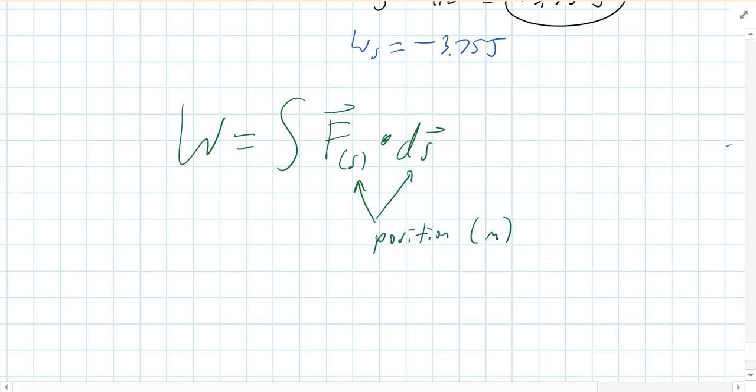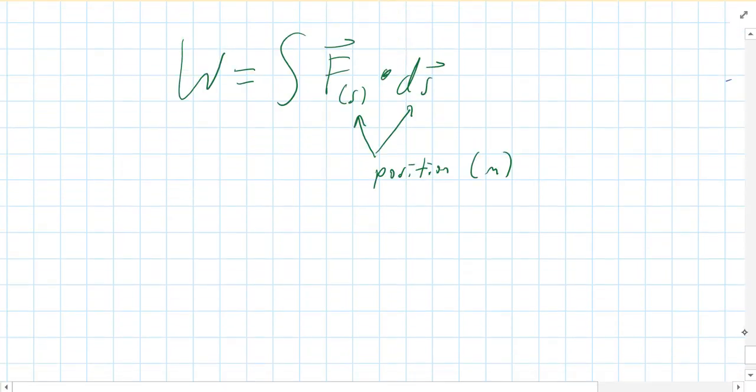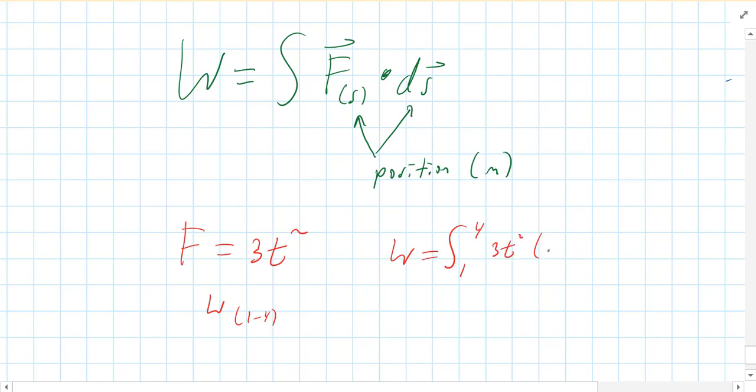Let me give you an example of a misconception that students will make. Let's say I gave you a force, and I said the force was 3t squared, so 3 times time squared. Let's say I ask you, what's the work done from 1 to 4 seconds? A lot of students will go, oh, okay, I'll do my integral from 1 to 4 of 3t squared. But all of a sudden, do I plug a dx in here?